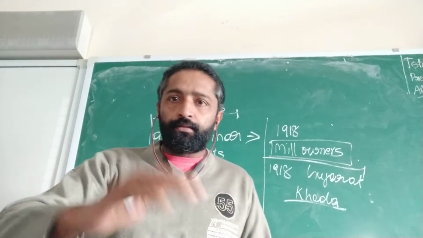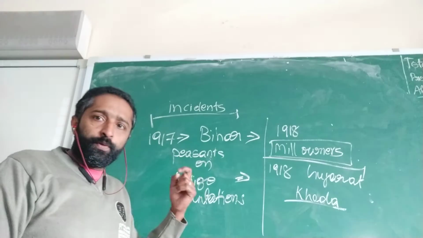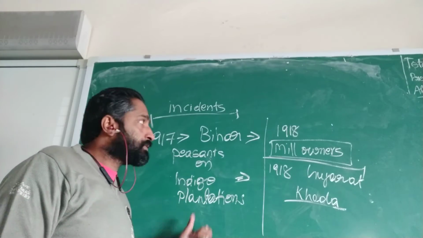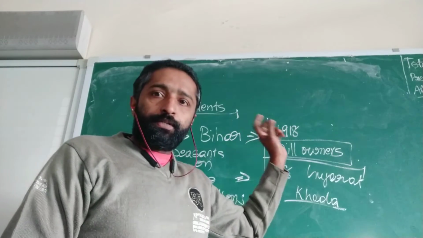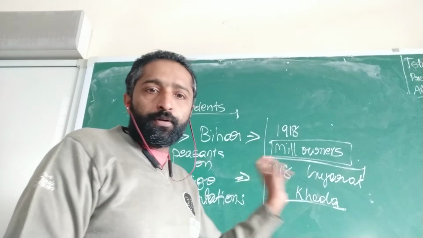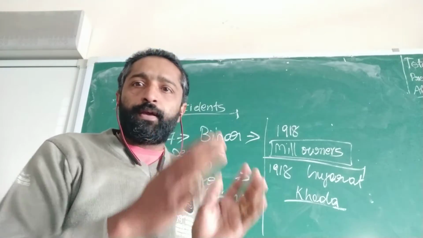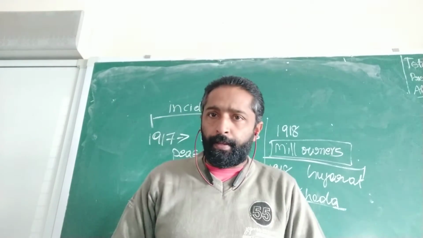So with these three incidents: in Bihar, the peasants of indigo plantations; second, related to the mill owners; third, the Kheda protest in Gujarat, Gandhiji became very popular among the people.